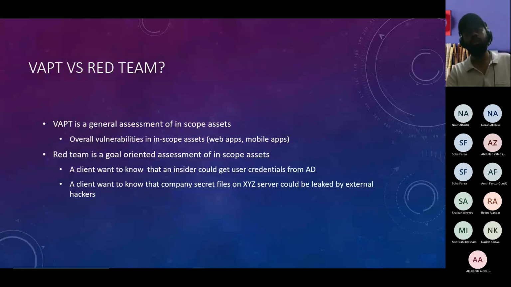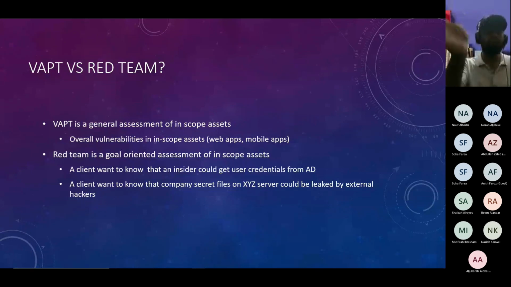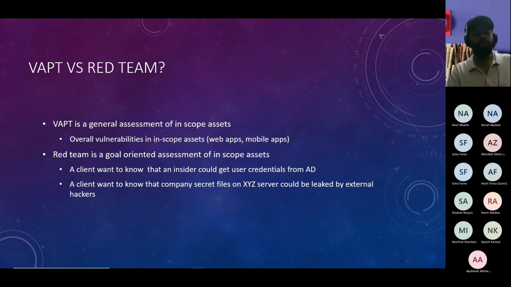In order to get the information from that server, maybe you have to compromise a few other servers, then pivot from them. You can adopt any techniques, but at the end of the day, the customer is looking to answer a fear that is in his heart, that either I am safe on this or not safe on this.